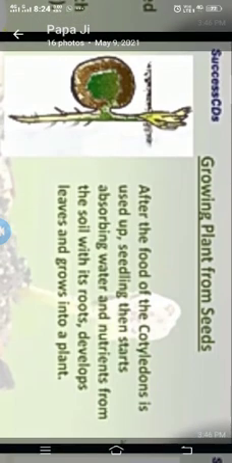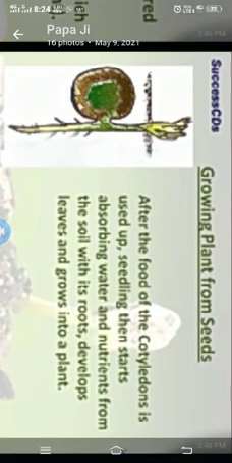After the food of the cotyledons is used up, the seedling then starts absorbing water and nutrients from the soil with its root, develops leaves and grows into a plant.